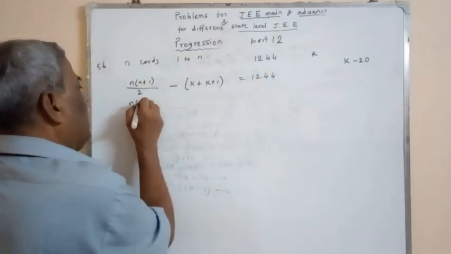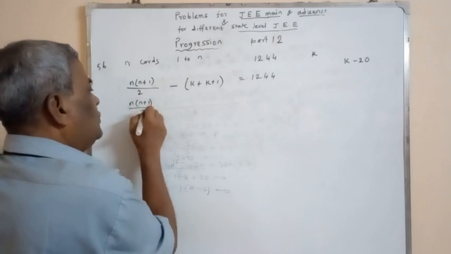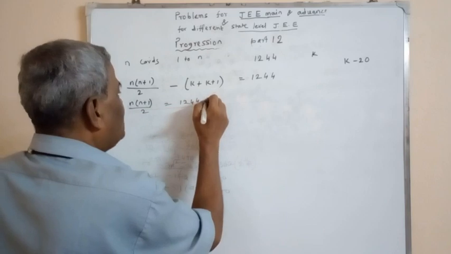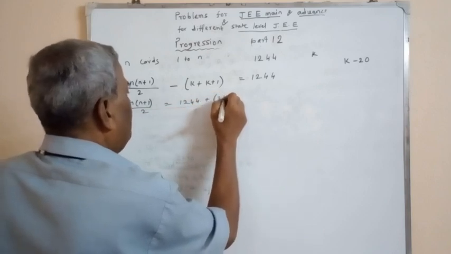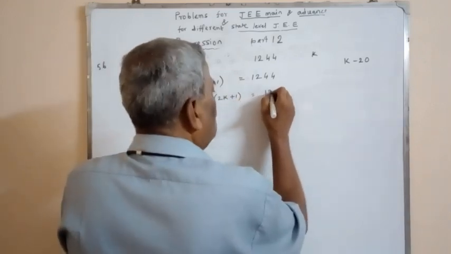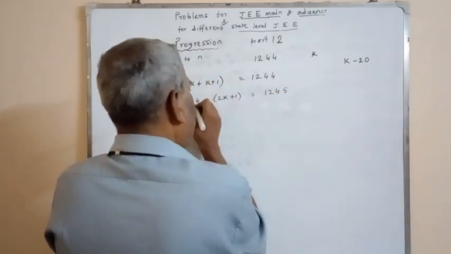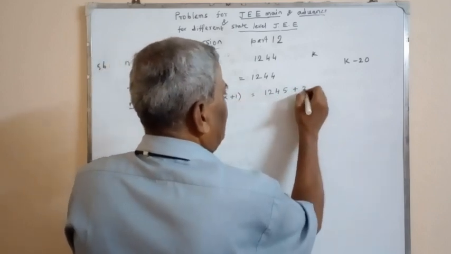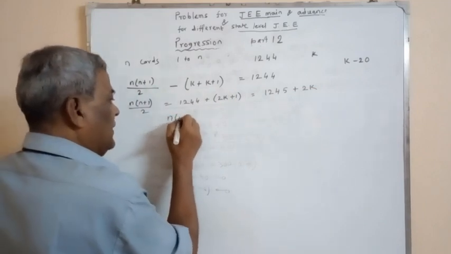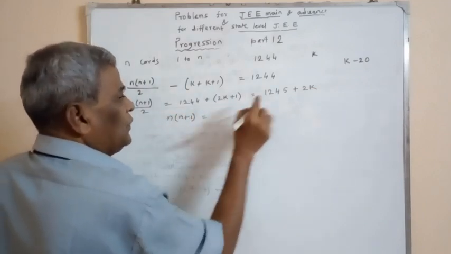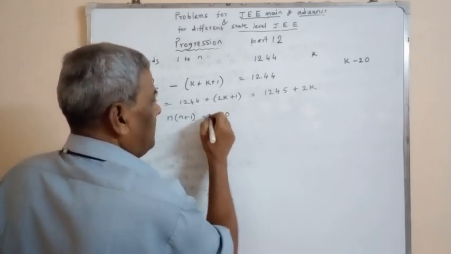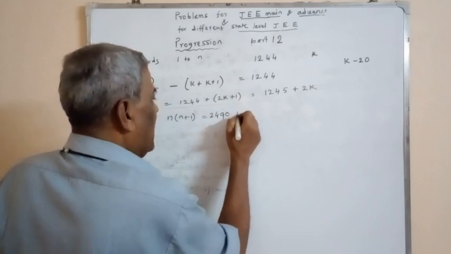That is n into n plus 1 by 2 is equal to 1244 plus 2k plus 1, which is 1245 plus 2k. Therefore, n into n plus 1 is equal to twice of that, plus 4k.